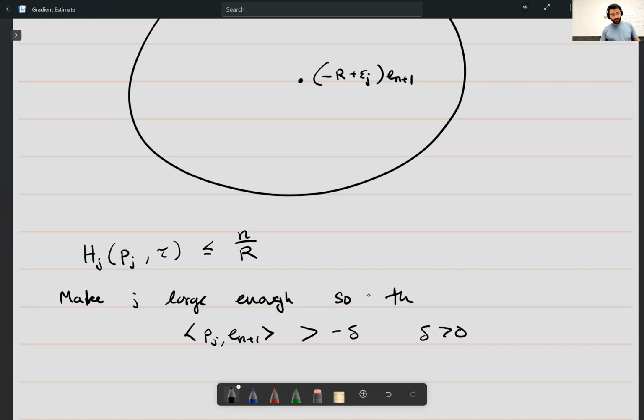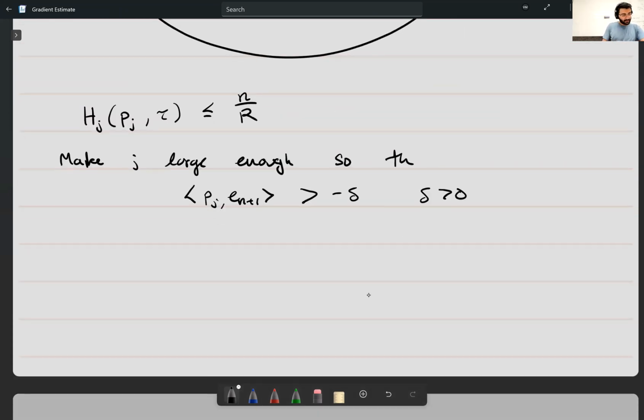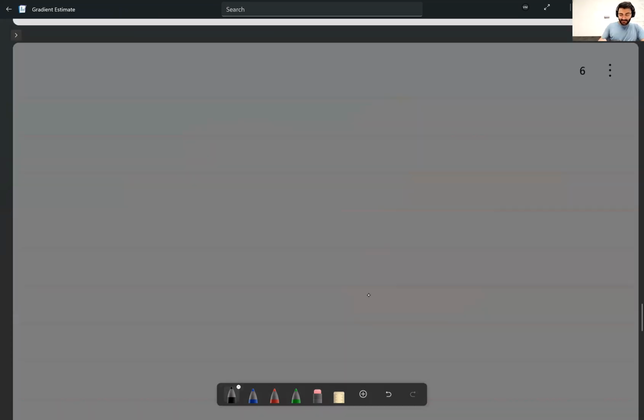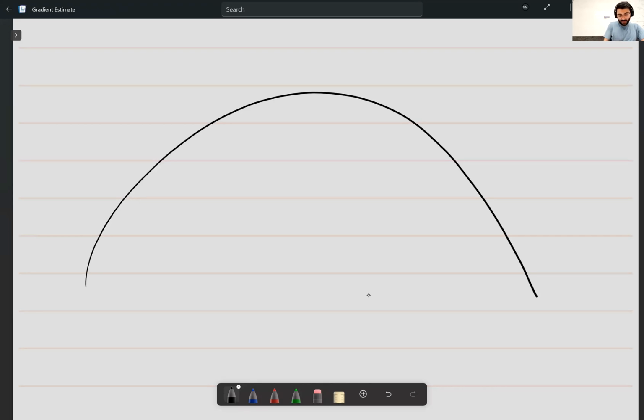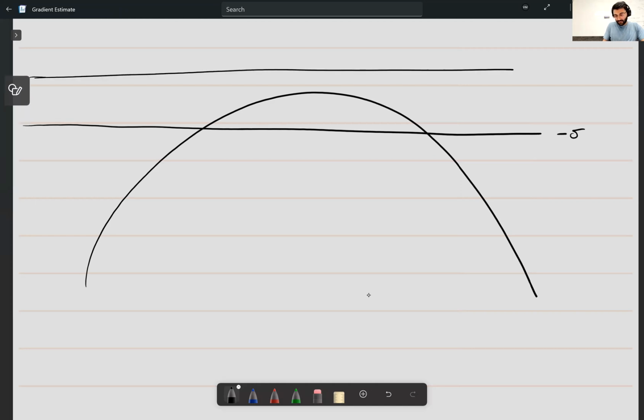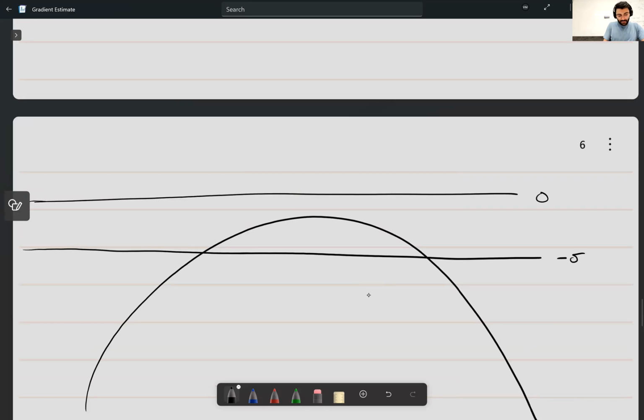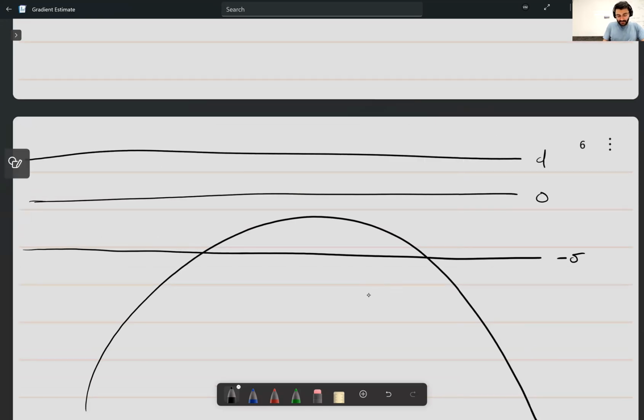So let's compute how far away p_j is. Okay, I need to draw another diagram. Here is minus delta, here is 0, and here is d, and here is M^tau. M^tau just touches there, M_j^tau.